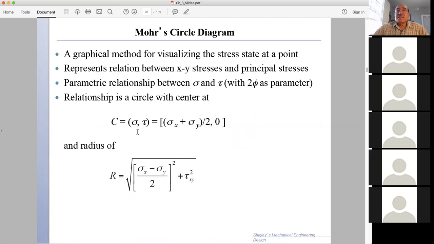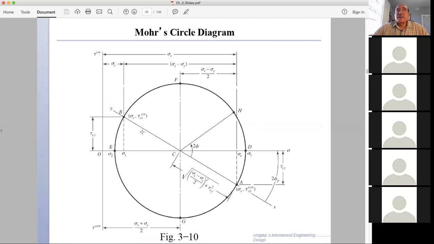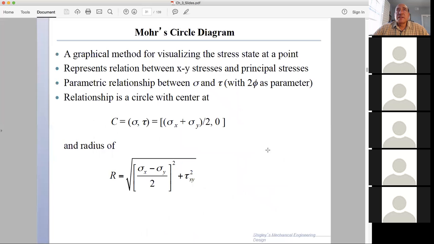As you know, the vertical coordinate is for the shear, and the horizontal coordinate is for the axial or normal stress, either sigma x or sigma y. The center is located on the horizontal, so the vertical coordinate is 0, and the horizontal is the average value of sigma x and sigma y.